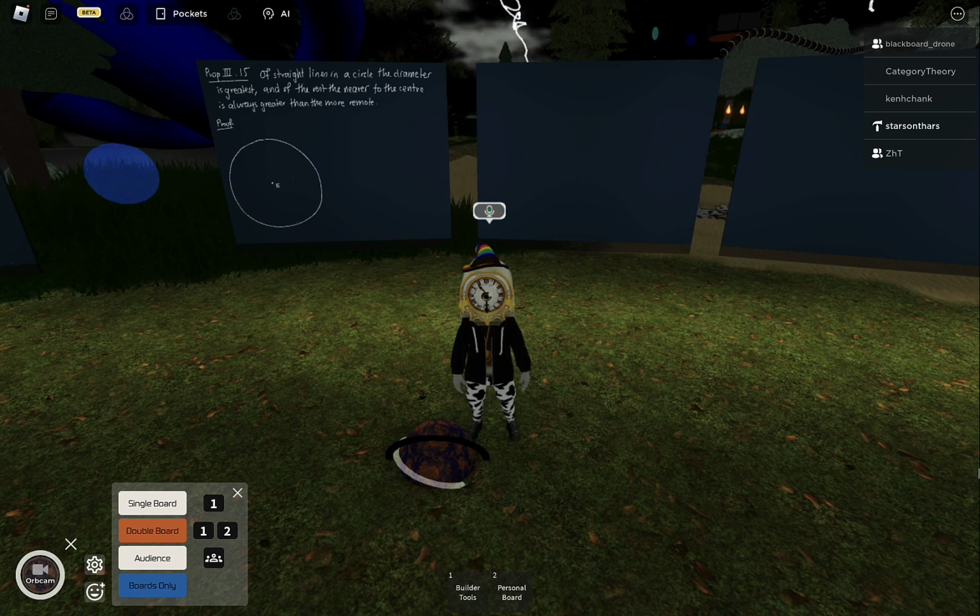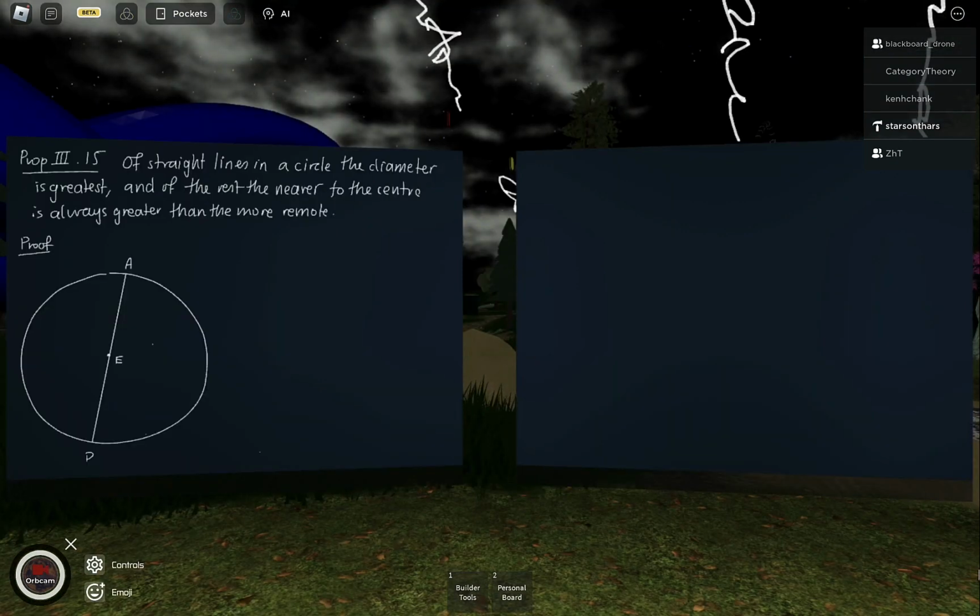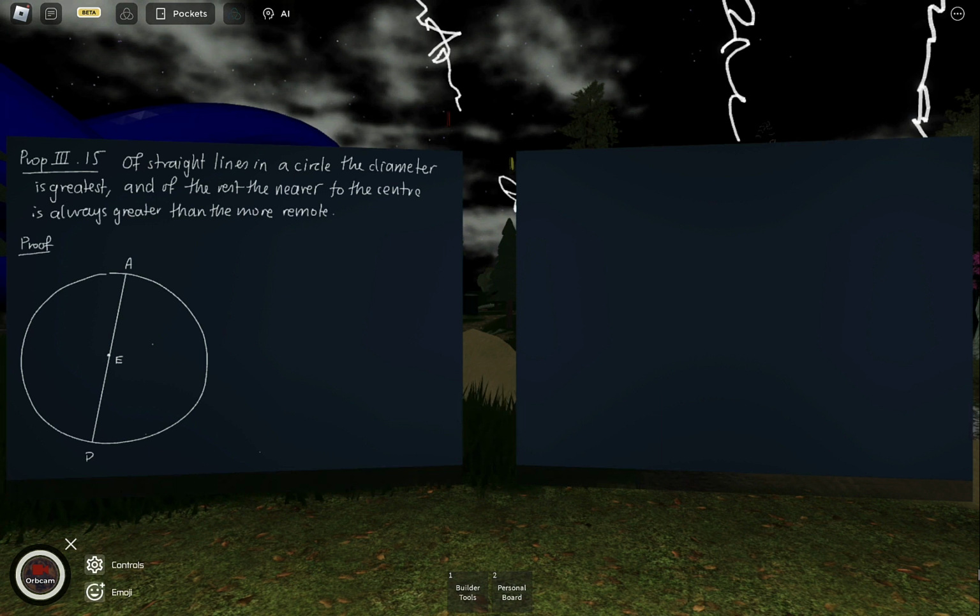Okay, so ABCD is a circle. I'm going to mark a diameter, AD. So the claim is that among lines drawn in the circle, this is the greatest that is possible. E is the center. BC be nearer to the diameter AD. So here.